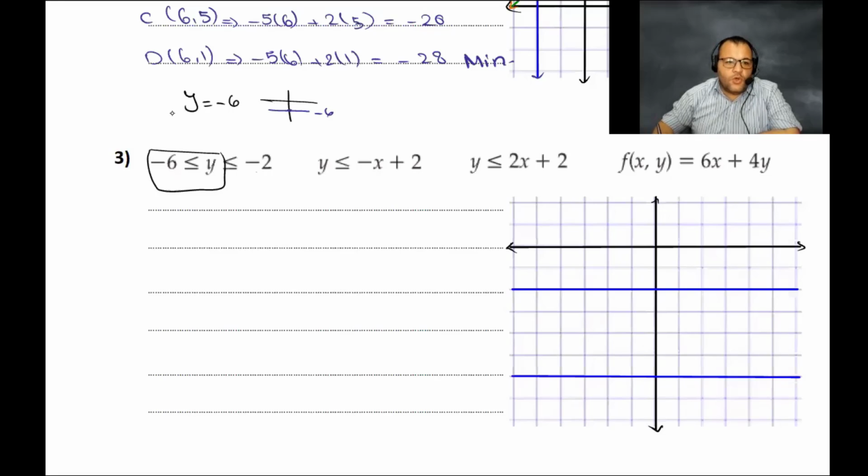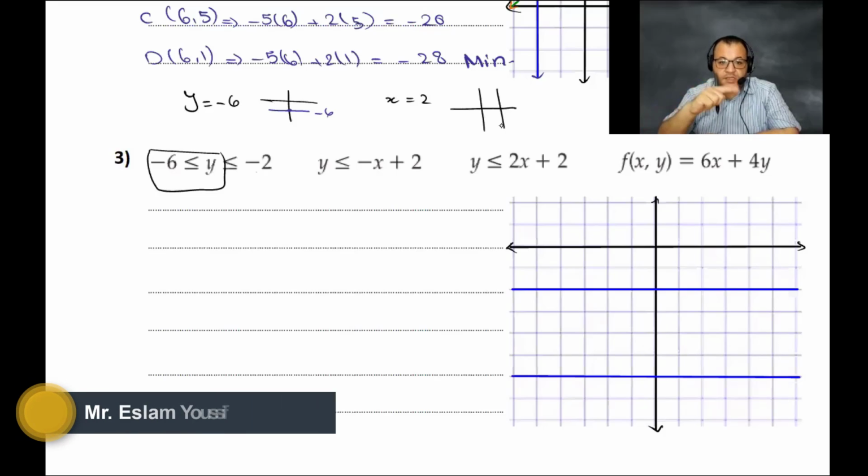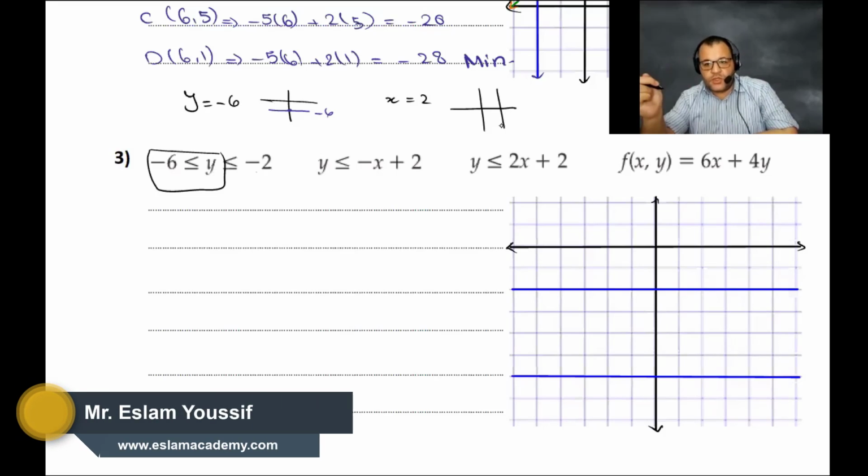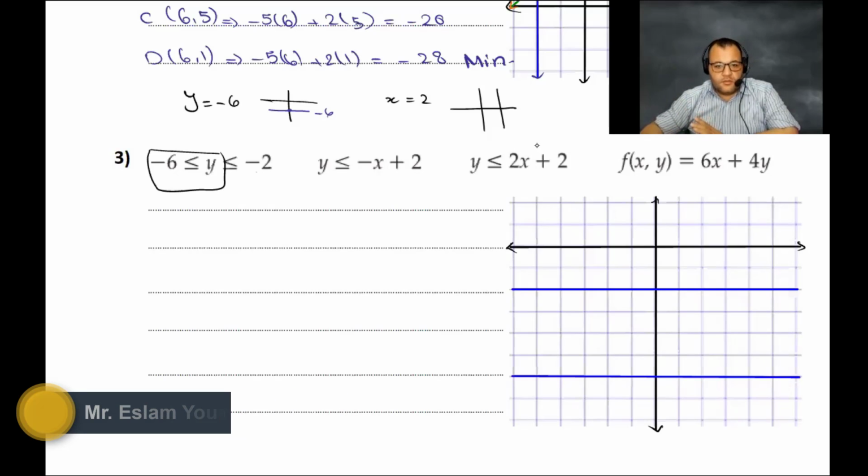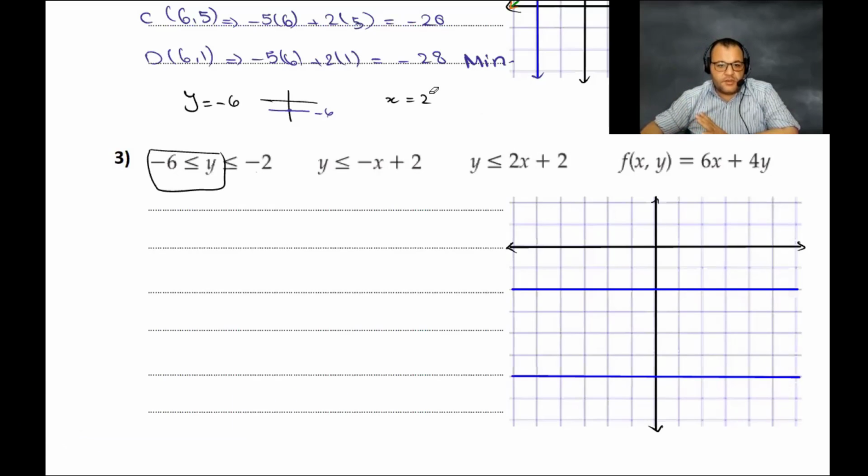When I say x equals a number, it will be represented by a vertical line parallel to the y-axis. When I say y equals, it will be parallel to x. Now it's easy.